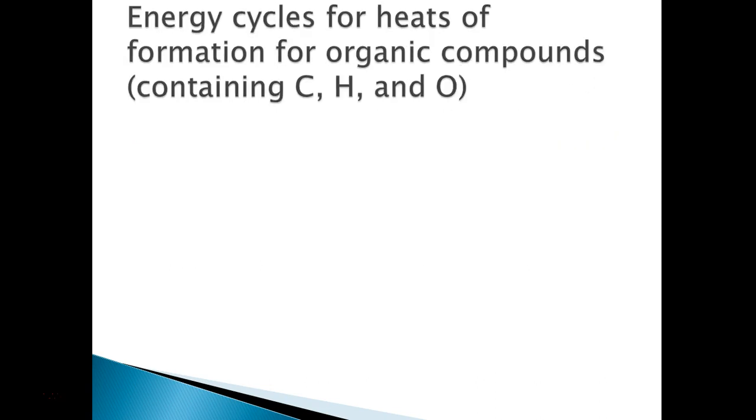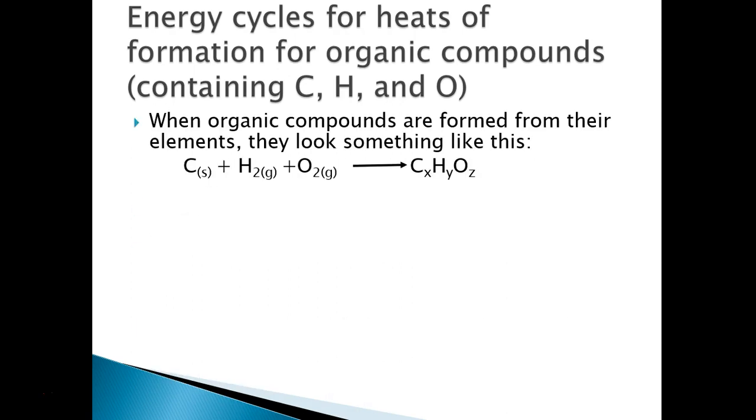So, let's say we wanted to create an energy cycle to find the heat of formation for an organic compound. So this could be containing carbon, hydrogen, and/or oxygen. So when organic compounds are formed from their elements, they look like this. All right, so if this was an organic compound with carbon, hydrogen, and oxygen, it would be formed by reacting solid carbon, hydrogen gas, and oxygen gas.